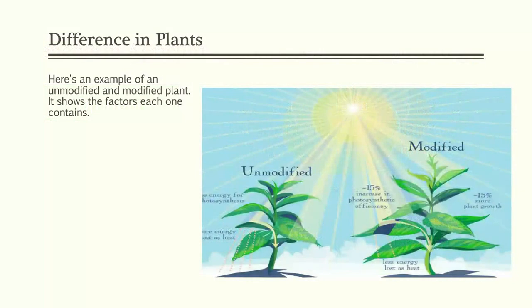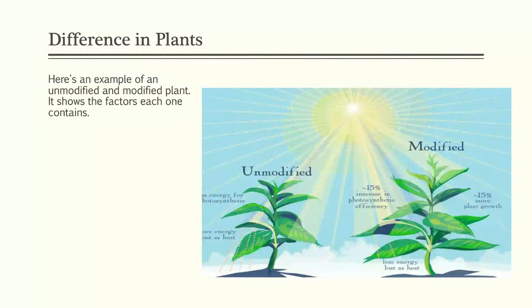So here's an example of an unmodified plant and a modified plant. It shows the factors of each one. On the screen it shows that an unmodified plant has less energy for photosynthesis, and more energy is lost as heat.